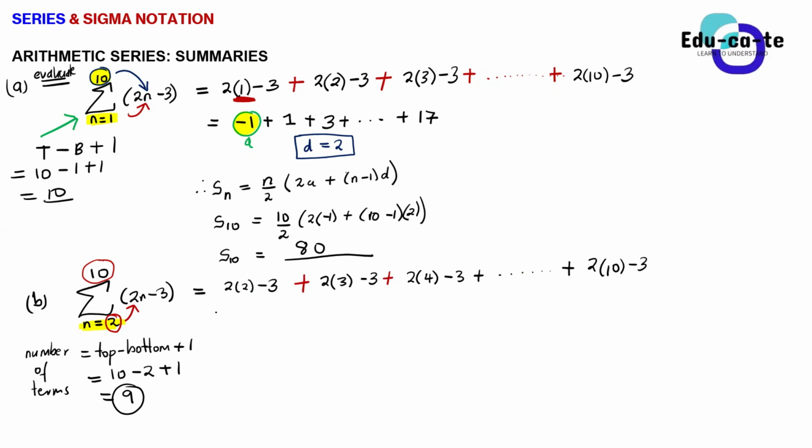If you simplify this, 2 times 2 is 4 minus 3 gives you positive 1, plus 2 times 3 is 6 minus 3, which gives you 3, and then 2 times 4 is 8, and 8 minus 3 gives you 5. You add these until you reach the last term, which is 17.